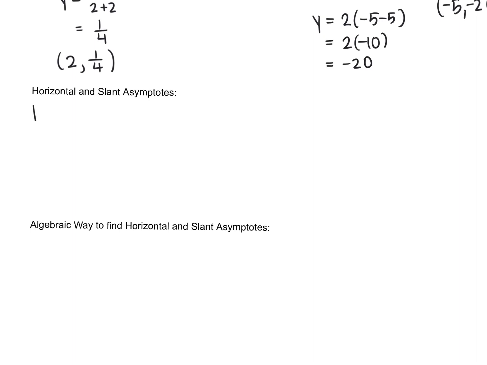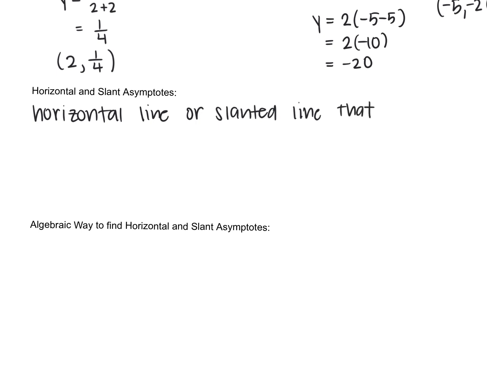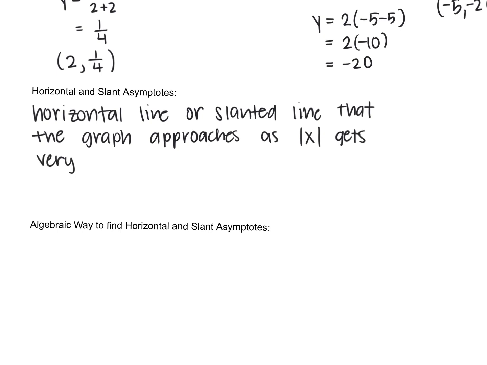So what it is, is a horizontal line or slanted line, since there are two different things, that the graph approaches as the absolute value of x gets very large.